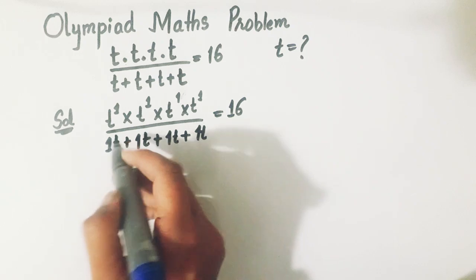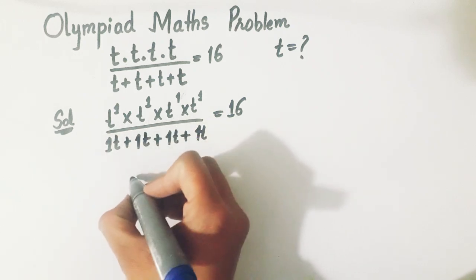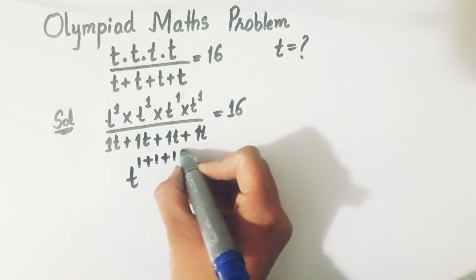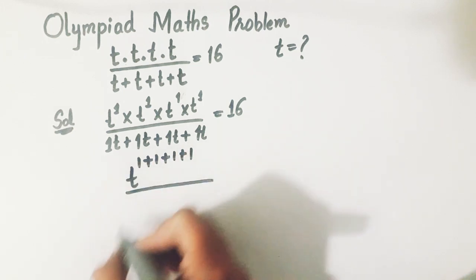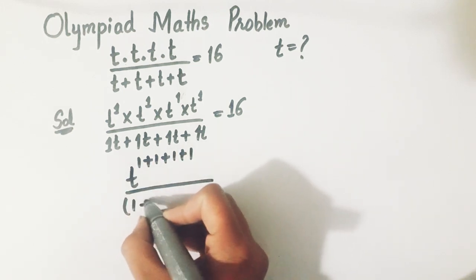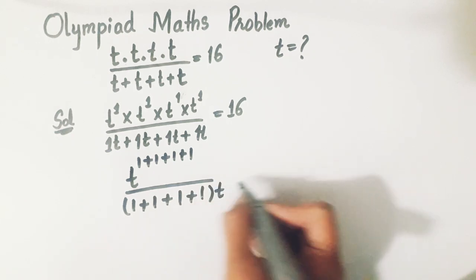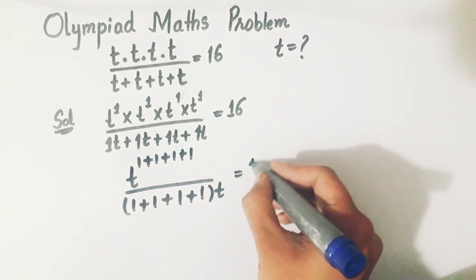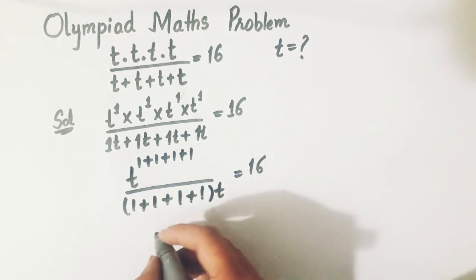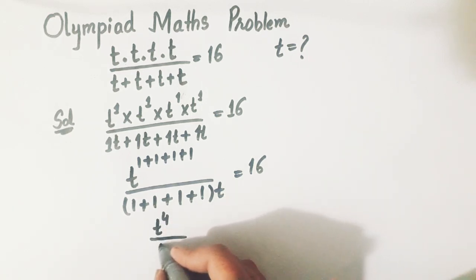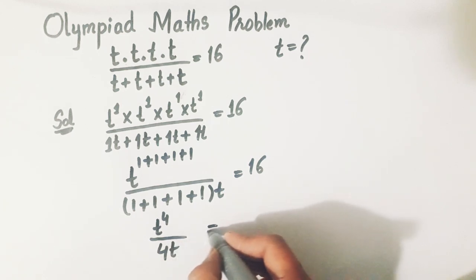That means t multiplied 4 times means t power 1 plus 1 plus 1 plus 1, and in the denominator we can write 1 plus 1 plus 1 plus 1 into t. That equals 16. That gives t raised to power 4 divided by 4t equals 16.